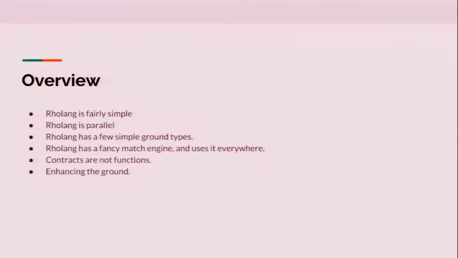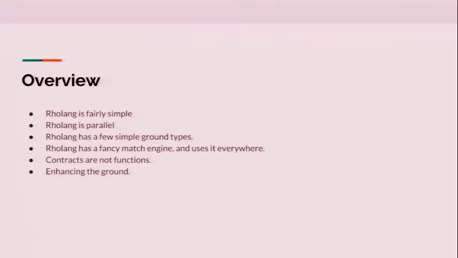Okay, so here's the overview. We're going to talk about how Rholang is fairly simple. There aren't actually that many pieces. It's parallel, has a few simple ground types, and one of the things we're planning on doing is enhancing that as we get to the case where Rholang is a general purpose programming language.